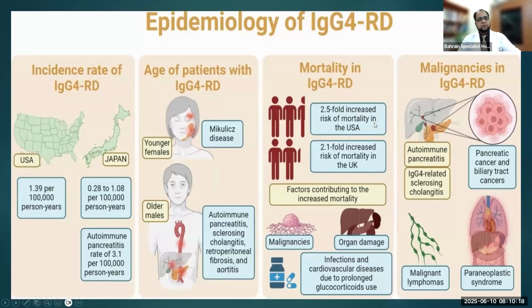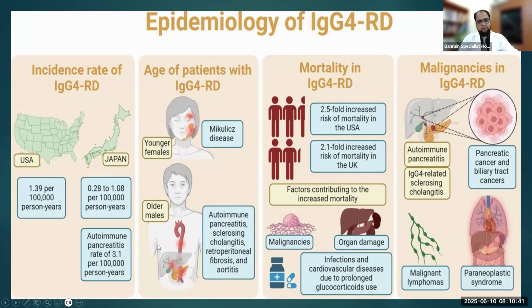Coming to the epidemiology, the current disease burden is more in the USA with an incidence of 1.39 per 100,000 person years, while in Japan it is 0.28 to 1.08, and the incidence of autoimmune pancreatitis is around 3.1 per 1 lakh population.